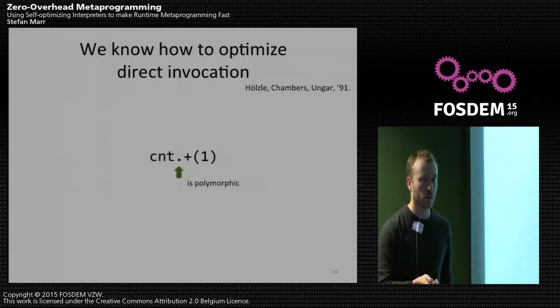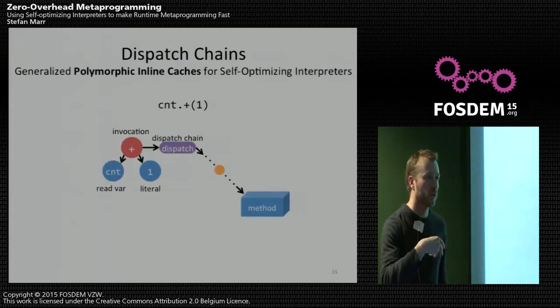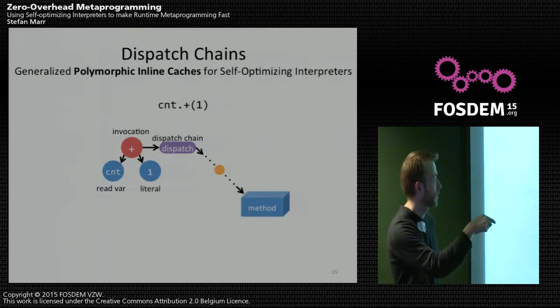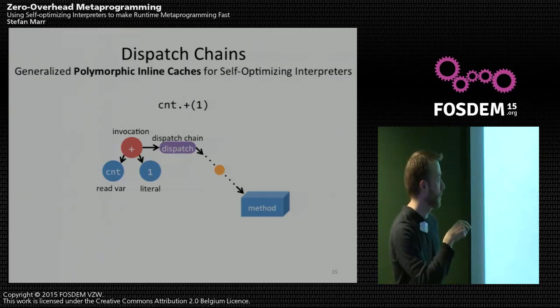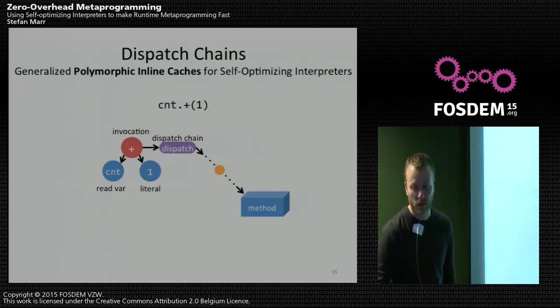The idea they came up with, polymorphic inline caches, is that we actually try to observe at runtime what happens and then cache the lookup for the operator, or for the plus message send, for instance. In those little interpreters, it's called a dispatch chain, which essentially is part of that plus invocation node and will cache the lookup result.